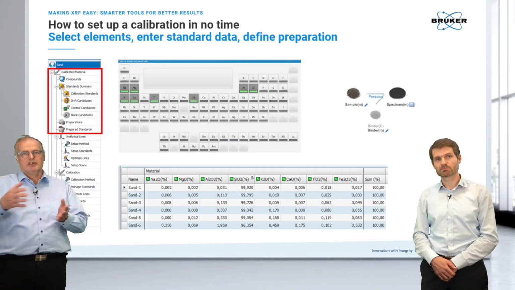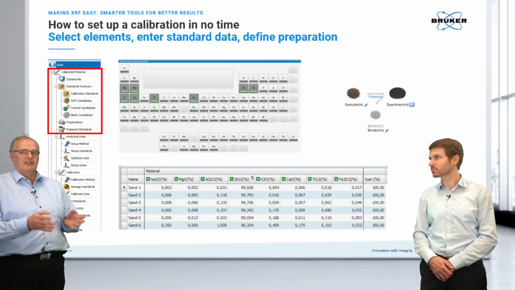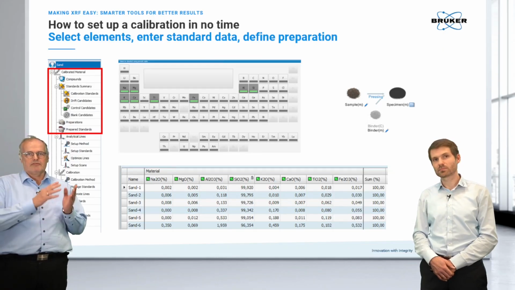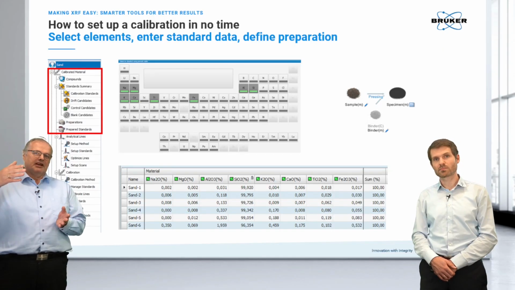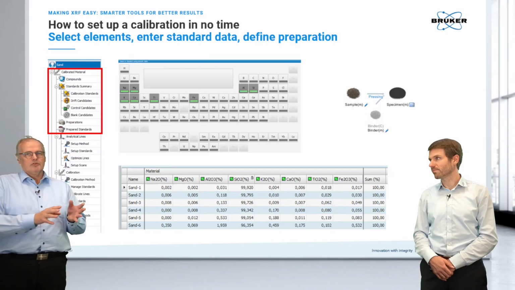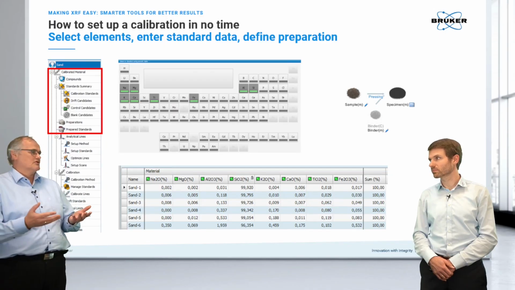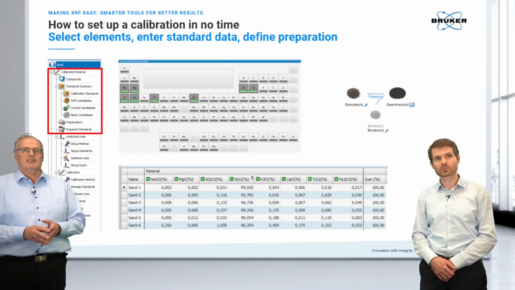Of course we know when you're having standards around 100 to 1000 ppm, it's a trace calibration. If you are going from 100 ppm to 100%, you are doing a wide range calibration. If you provide this data, it helps us to propose a pretty good measurement method for your samples.